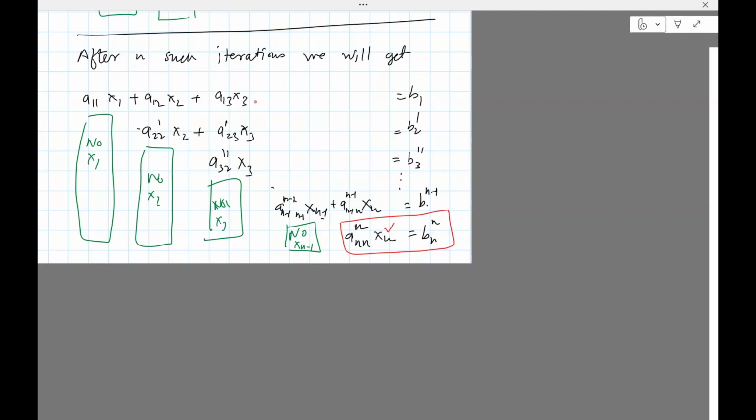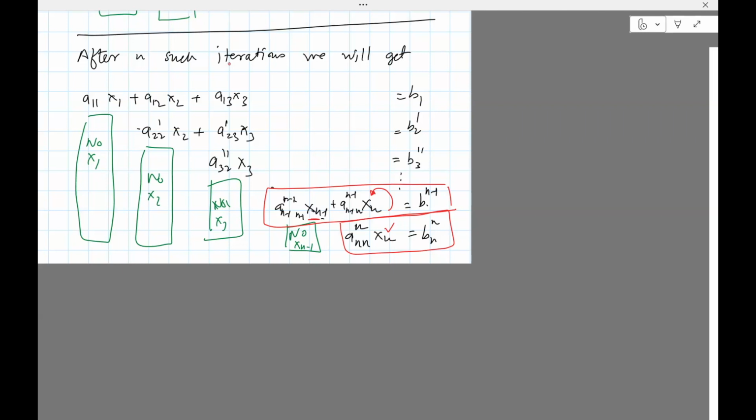So once we solve for xn, we can sub that value in here and solve for xn minus 1, because this equation, remember, has only two unknowns, xn minus 1 and xn. And then once we have those two values, we can go one above that, solve for xn minus 2, and just keep doing up.